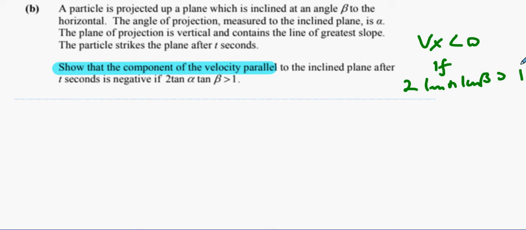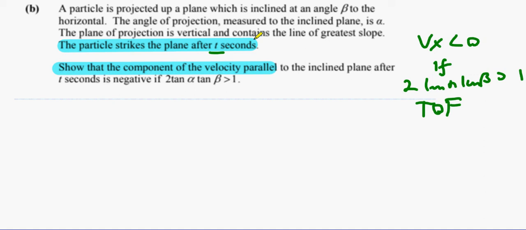And t seconds is the time of flight. How do I know t seconds is the time of flight? What part of the language tells me it's the time of flight? Yeah. There's your 2 key pieces of information that tells you how to do the full question.